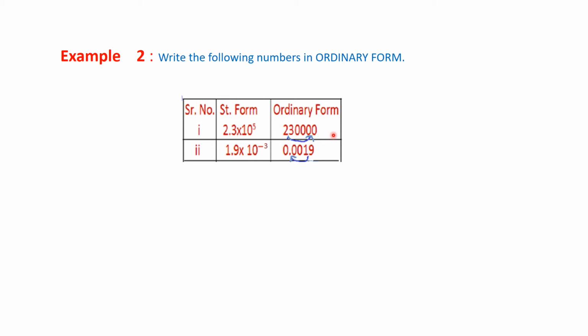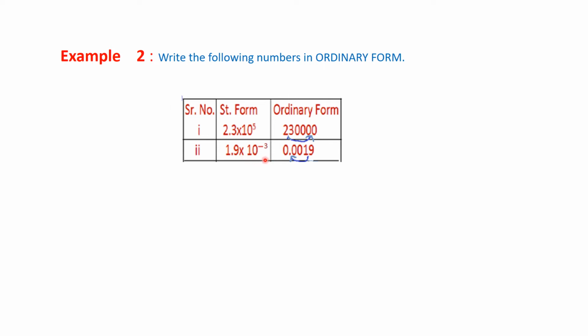Now in this case, when we move on the right side, we show here 10 power minus 5. That 10 power minus 5 and 10 power plus 5 cancel each other, and we get this as the answer. Or simply we can say a positive power can be removed by moving the decimal towards the right side. Similarly, here we have 1.9 into 10 raised power minus 3, which is a negative power. Again we can remove this 10 power minus 3 by moving this decimal 3 places from here towards the left side.